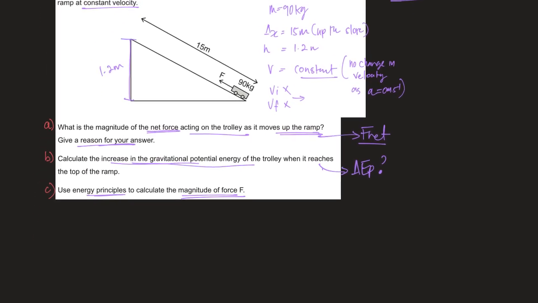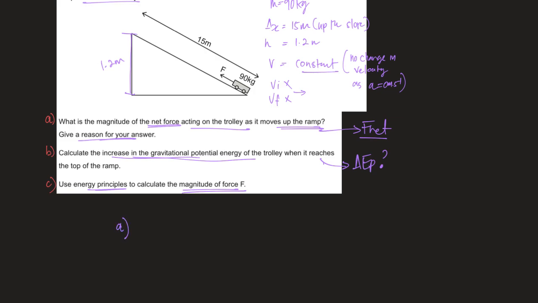All right, question A, they want to know what's the net force. So in this setup, I could say F net is equal to forwards minus backwards. I could say F net is equal to F1 plus F2 plus F3 and so on. I could also say that F net is equal to MA.